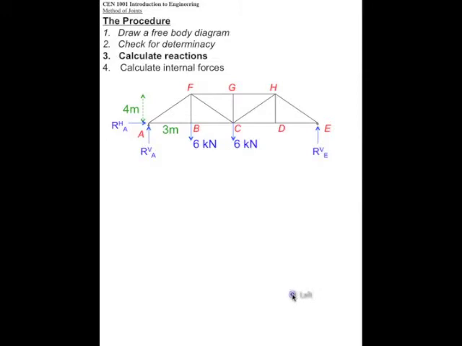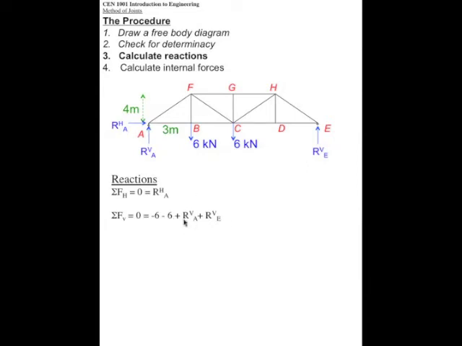Okay, so the next step is the calculation for reactions. The summation of horizontal forces is 0. We know this. There's only one horizontal force, which means it must be equal to 0. Summation of vertical forces is equal to 0. We've got a downward 6 kilonewton force, another one, and then we've got 2 vertical reaction forces, one at A and one at E. Okay.